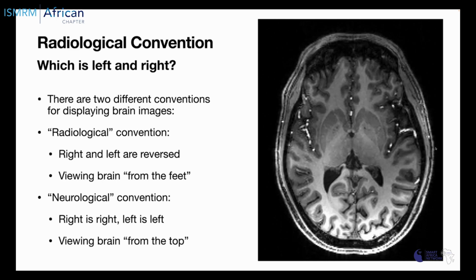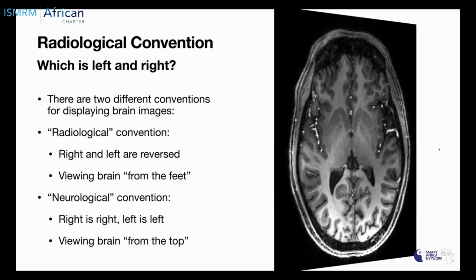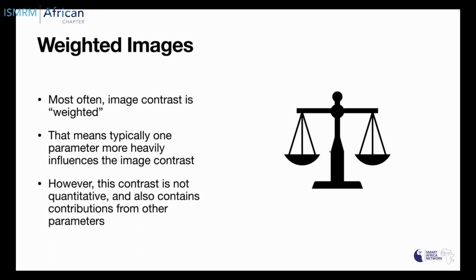But these two different conventions exist, and unfortunately, because the brain in particular is symmetric around the left-right axis, it is important to label your images very carefully and keep track of which is left and which is right, particularly if you're doing things like functional imaging or analysis, where it can be important to know whether you're talking about the left or the right, but it's not obvious from looking at the image because it's symmetric, and so either way would look fine.